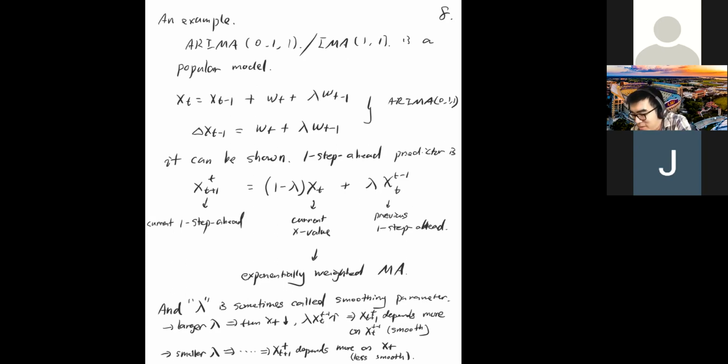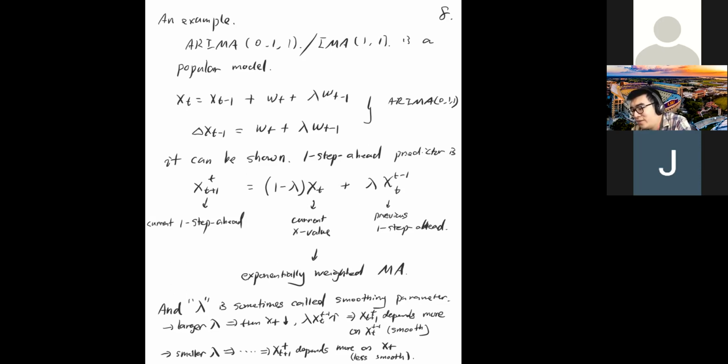So you can imagine, for example, today's market is hit by a large financial shock, which caused the stock market to decline 5%. If you have a smaller lambda, then you will predict that tomorrow's stock market price will also be below, because this depends a lot on the current x value.